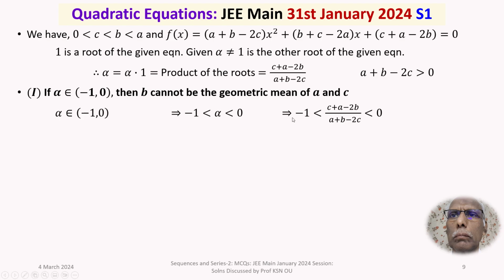Write the value of alpha: minus 1 is less than (C plus A minus 2B) by (A plus B minus 2C), which is less than 0.